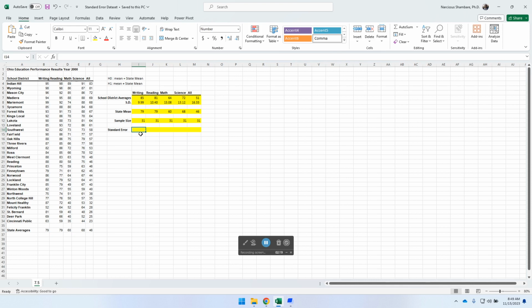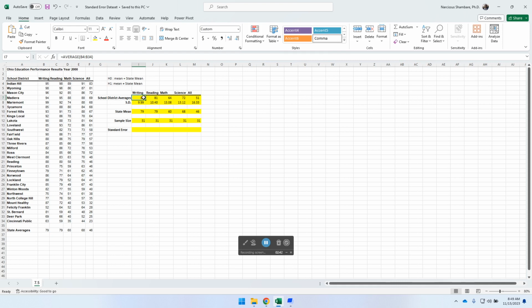So how do you calculate that? What I've done here is some groundwork so that we can focus on things that are much more important. But I can briefly walk through how I calculated these numbers that you see here, the school district averages. Basically, I'm just finding the average of this range of data, so that's straightforward.